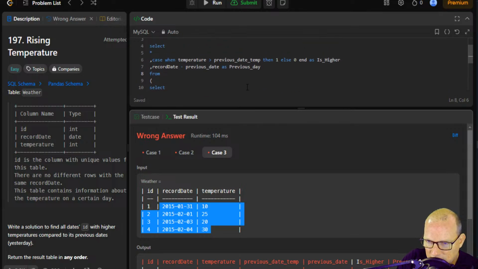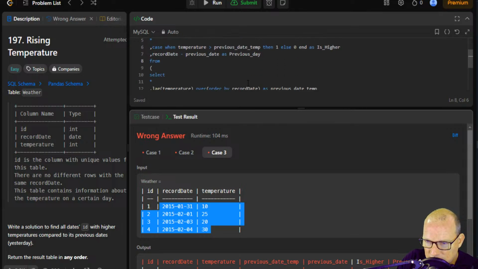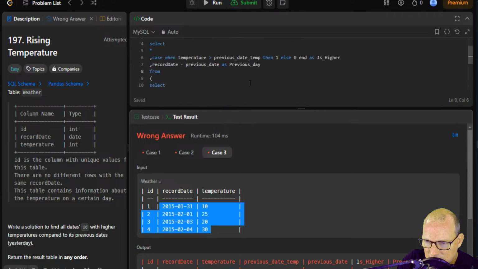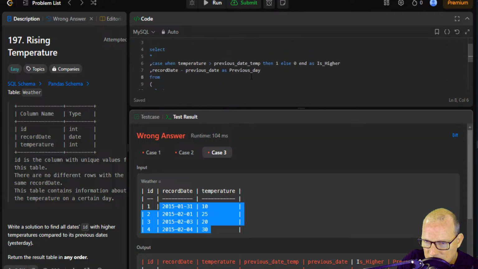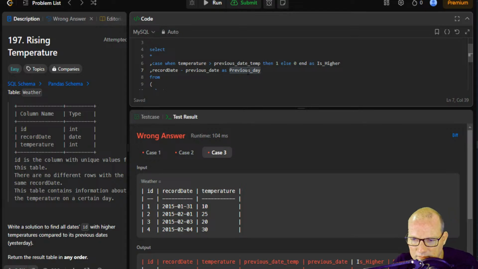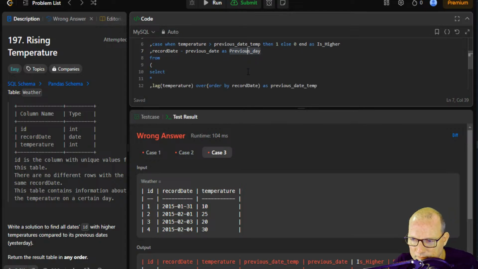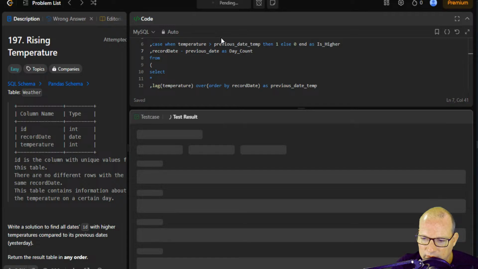Day count. Okay, no. Day count. Record date. I don't like that. Day count. It's not going to change any of the math, but it's a more descriptive column name.